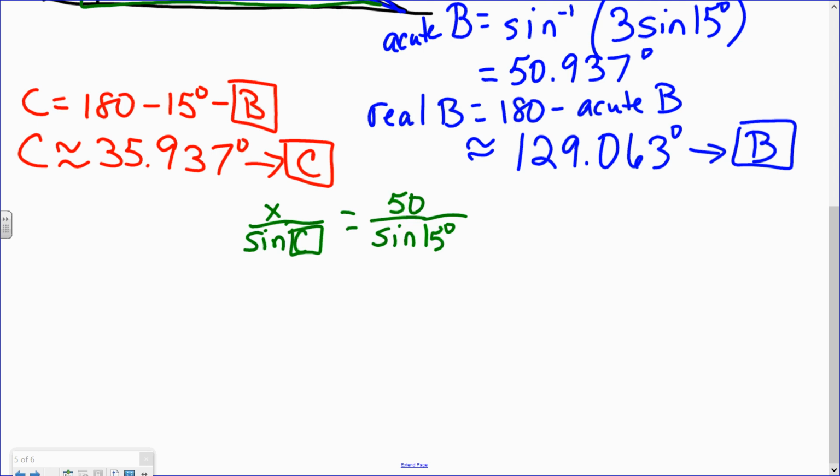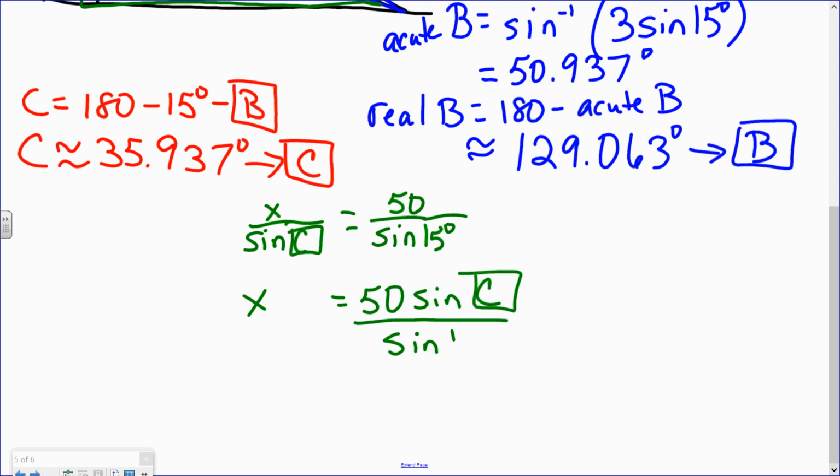Okay, so what that means is X times the sine of 15 is 50 times the sine of our stored C. And so if I divide both sides by sine of 15, X will be 50 times the sine of our stored C over the sine of 15 degrees.